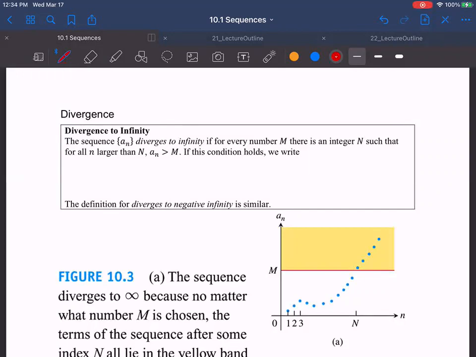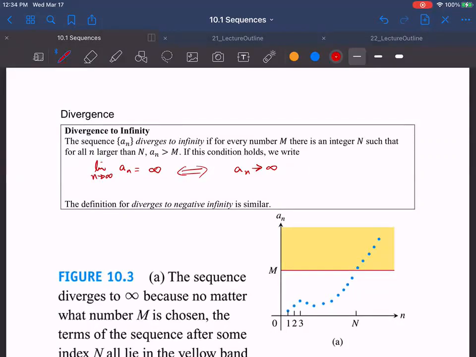So in other words, what we say here is the limit as n goes to infinity of A sub n is infinity. We can also just say that A sub n goes to infinity or diverges to infinity.